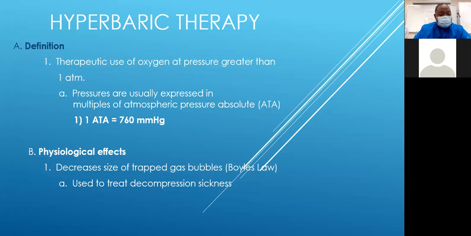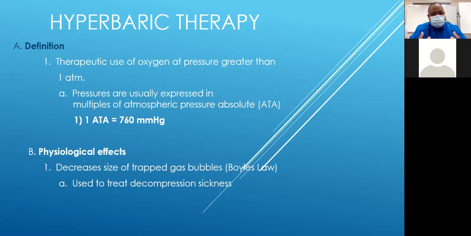So what are the physiological effects of putting somebody in hyperbaric therapy? Well, you decrease the size of trapped gas bubbles, okay, which is part of Boyle's law. It's used to treat decompression sickness. When somebody comes up from being really low, like a diver that goes really, really deep looking for gold or treasure or whatever, and he or she comes up too fast, the nitrogen in the blood starts to bubble, okay?